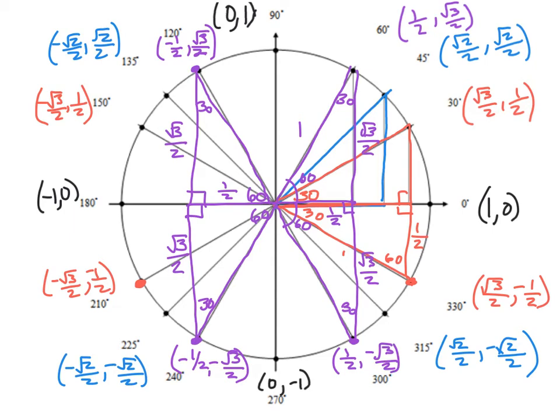I'm just going to look around my circle and make sure that I have all of my quadrantal angles labeled. So 0, 90, 180, 270, and this comes back to 360 as well. And then in each quadrant, I've got a 30-degree angle designated in red.